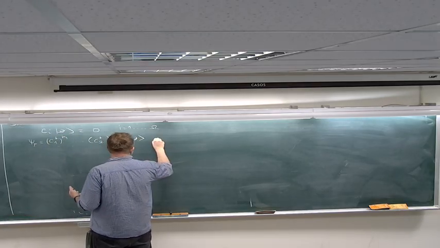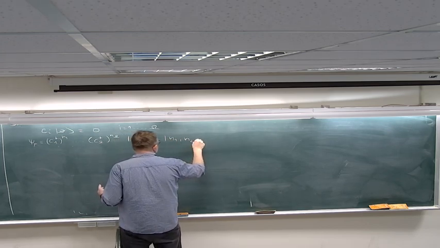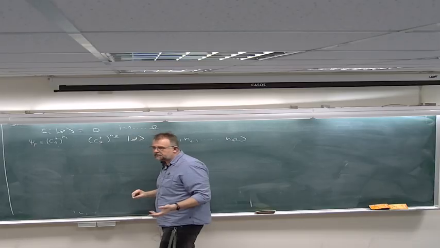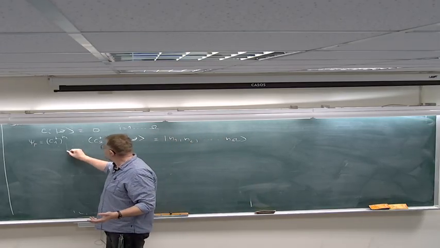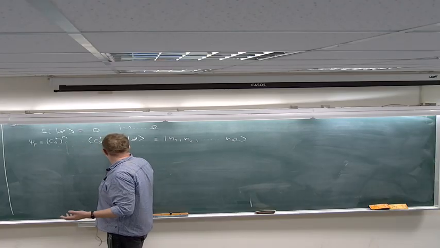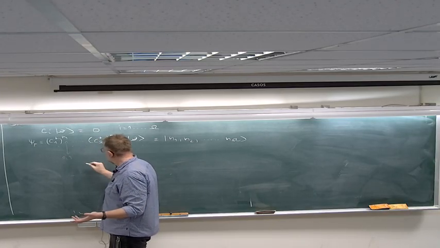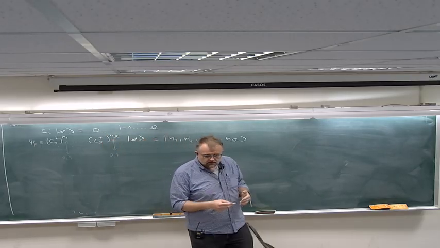And this will be the state which has these occupation numbers. But since we showed that these C's are nilpotent, the only meaningful possibilities here are zeros and ones. You cannot have anything else here, only 0 or only 1. And then you will get some zeros and ones.